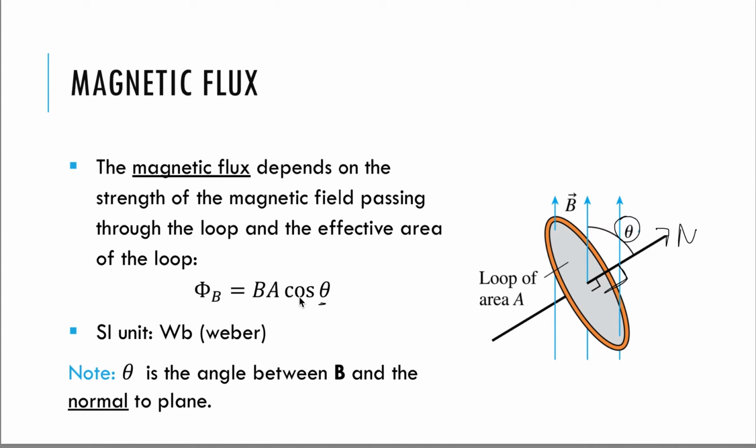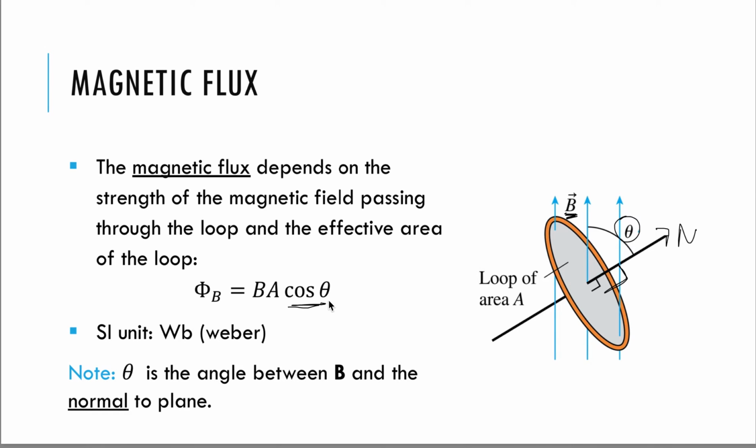So you can see that by doing cosine of theta, instead of thinking about the effective area of the loop, you can also think about the fact that cosine of theta is going to take the component of B that is along the direction of n.